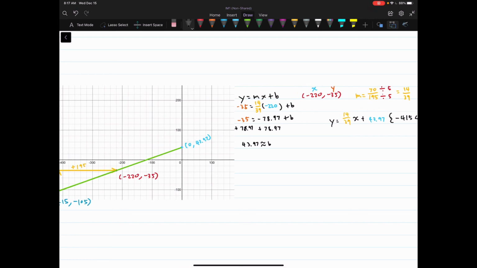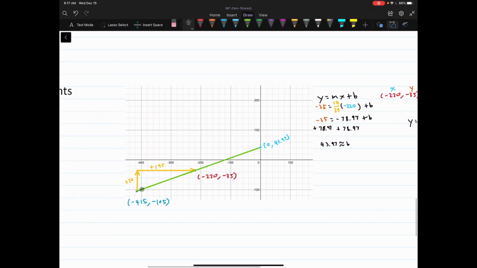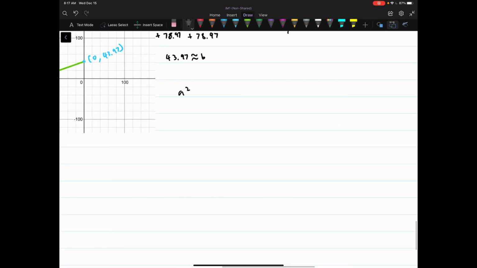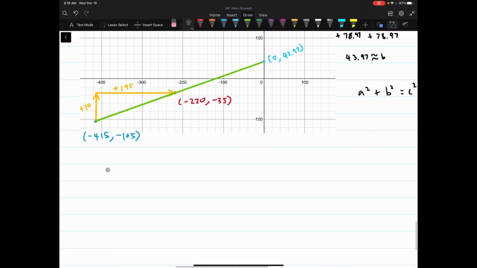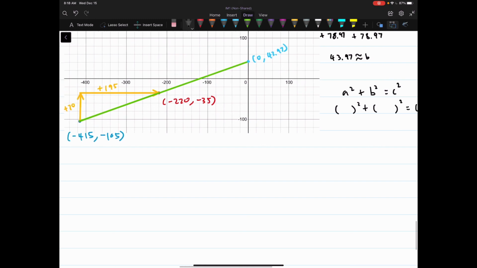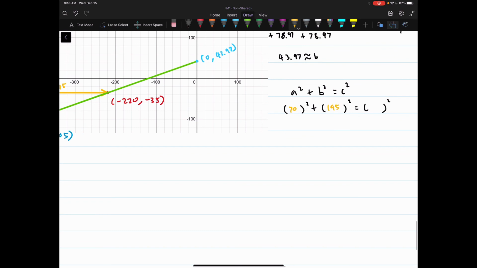Now finally, let's find the length of this line. I'm going to do a squared plus b squared equals c squared. A is going to be 70, b is going to be 195, and c is going to be some value, and this is going to be literally insane.